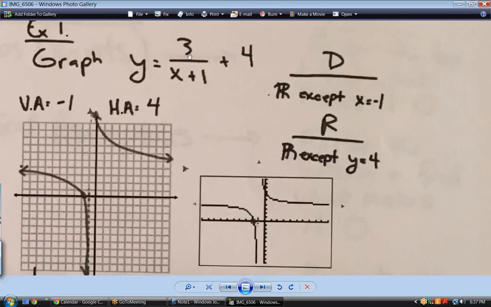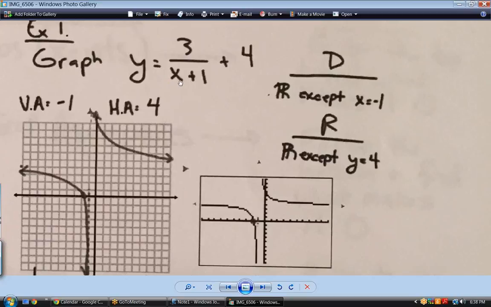Well, let's look at this algebraically. This part of it, 3 over x plus 1, no matter what x is, can that ever be 0? No. As x goes to infinity, what does the limit of this go to? 0.